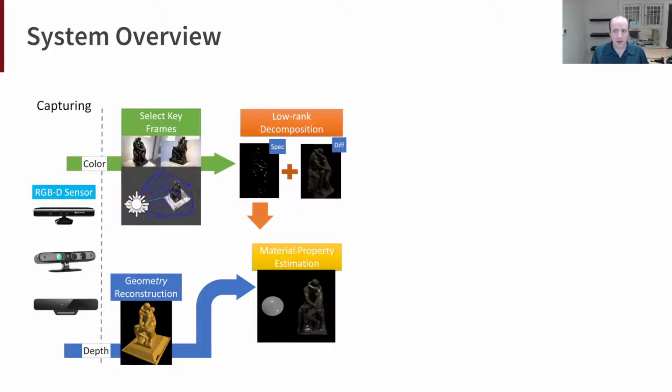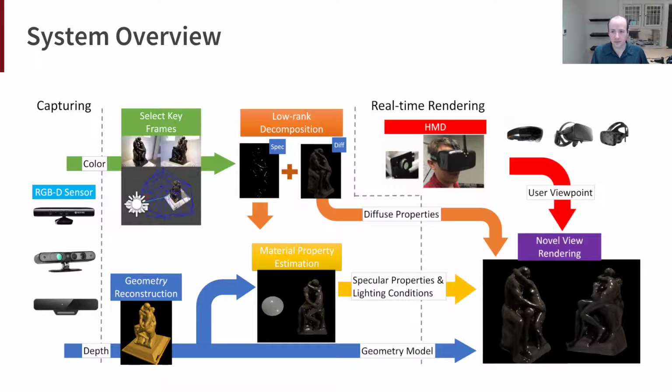The specular components are then combined with the geometric model to estimate the illumination in the capture sequence and the surface material properties of the object. All of this data is then brought together in a shader-based rendering model that can produce photorealistic view-dependent renderings of the object, suitable for real-time viewing in virtual reality at rates up to 90 Hz or even more.